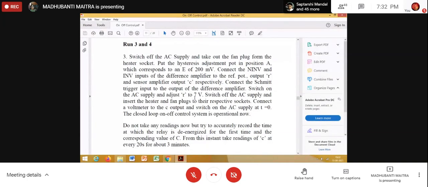So the reference input to the error detector has been set to 7 volt, which means the reference temperature at which we want to maintain the plant is equal to 70 degrees. Clear? Yes, ma'am. So now our control objective is to maintain the temperature of the plant at 70 degrees centigrade.